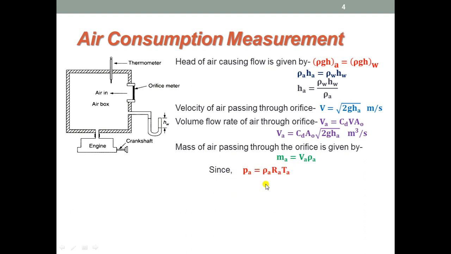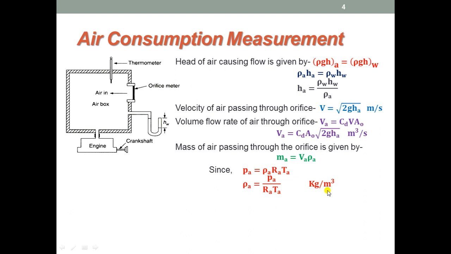So from there we will get P is equal to rho RT, and it is written for air. Therefore, finally, we can rearrange the term in the form of density, which is equal to P over RT, and it is in the form of kg per meter cube.